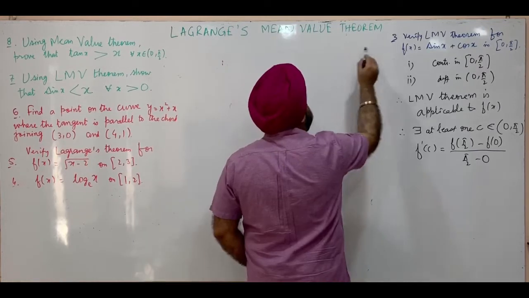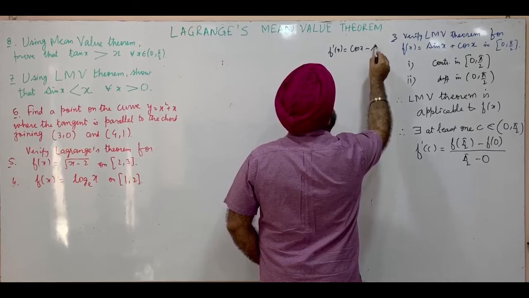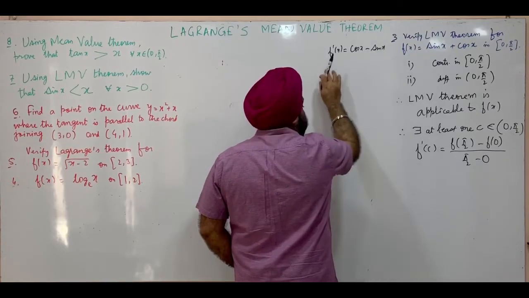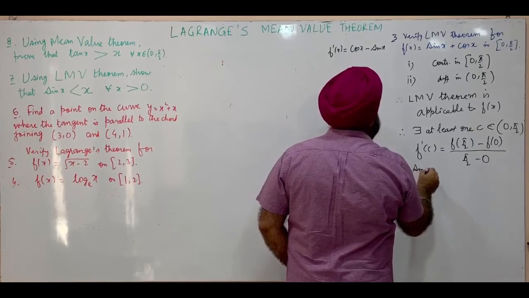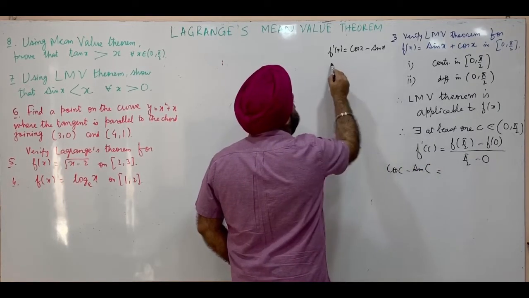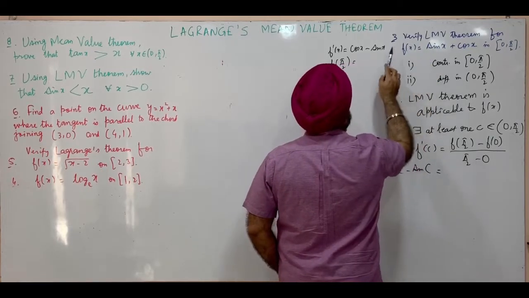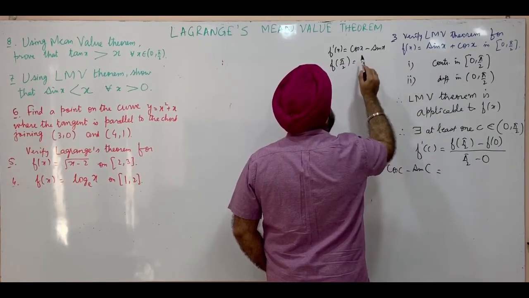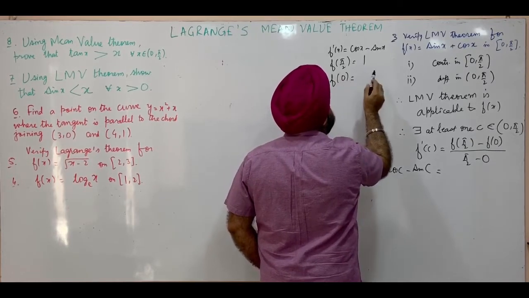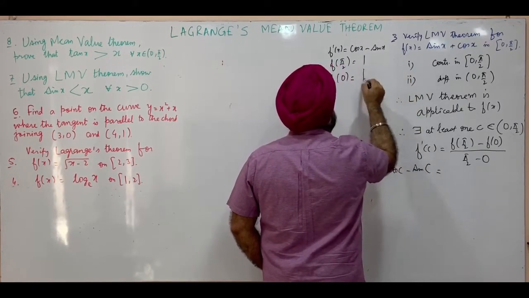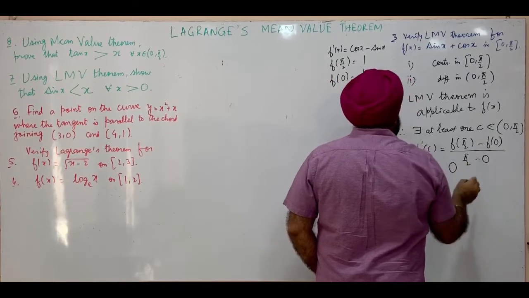The derivative of the function is cos of x minus sine of x. So f dash of c is cos of c minus sine of c. And what is f of pi by 2? Sine pi by 2 is 1, cos pi by 2 is 0, so this is 1. And what is f of 0? Sine 0 is 0, cos 0 is 1, so this is 1 as well, so the right hand side will be 0.